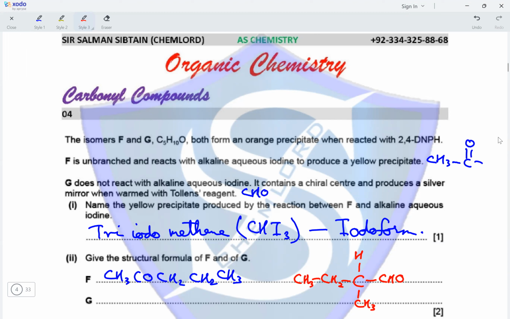That makes this carbon atom chiral. Writing this in condensed form: CH3CH2CH(CH3)CHO. This is compound G, which satisfies all the requirements given in the question.